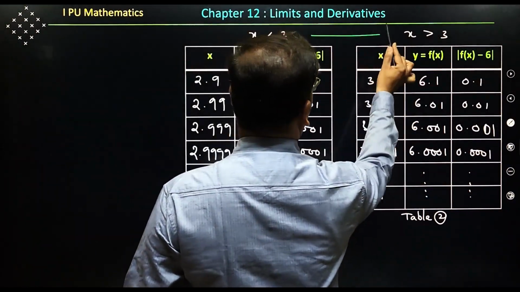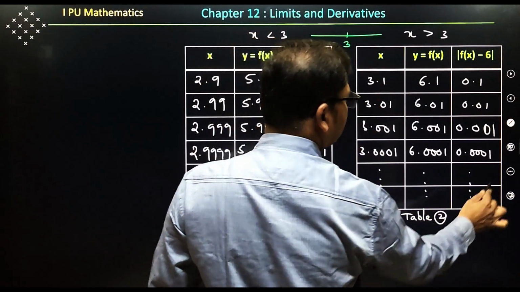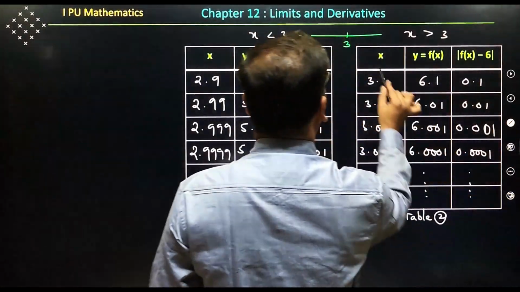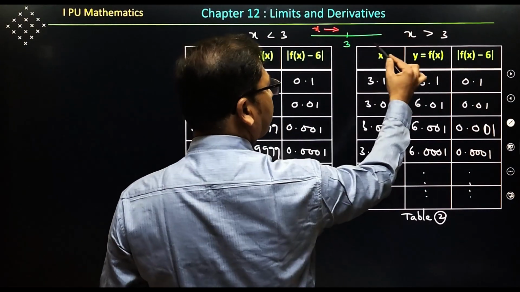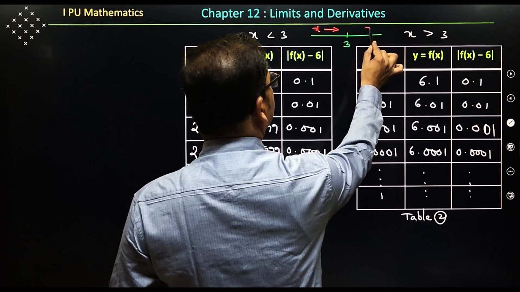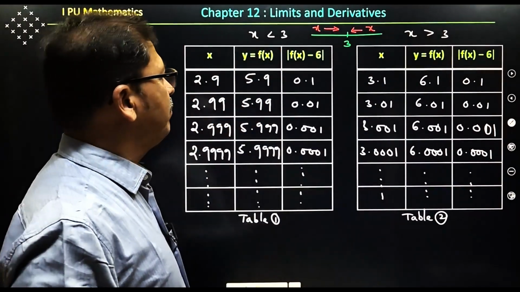Say this is the point 3 here. In the first table, x is approaching 3 from the left side, and in the second table, x is approaching 3 from the right side.